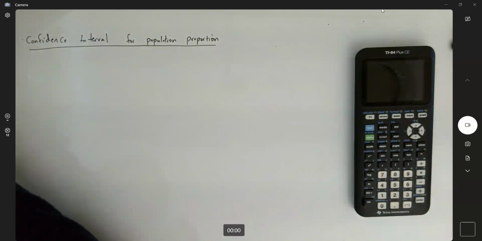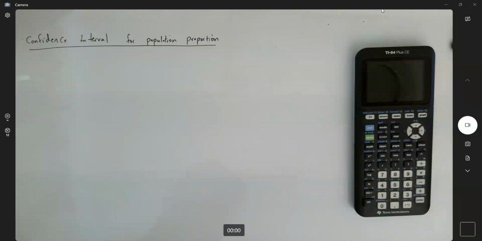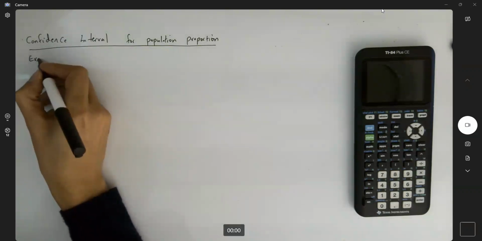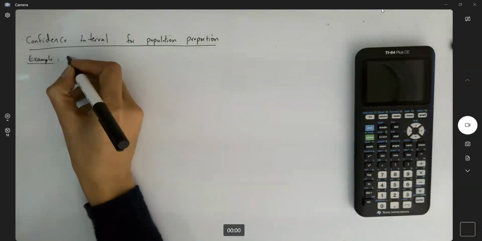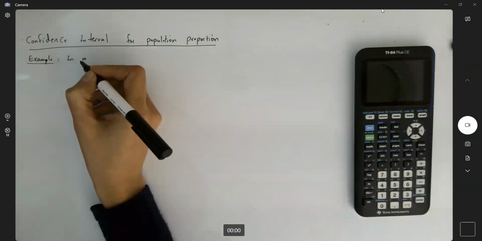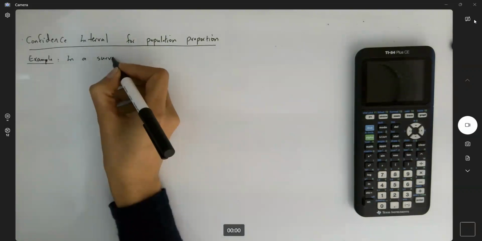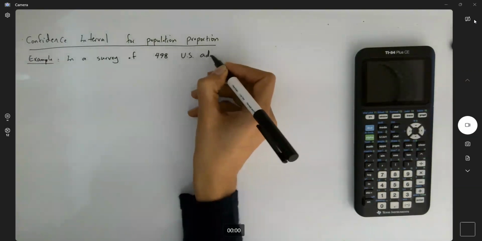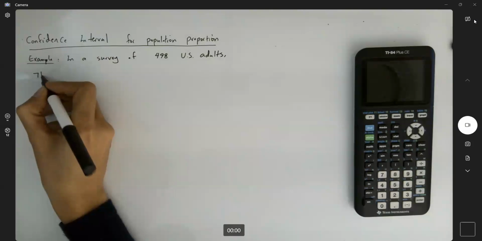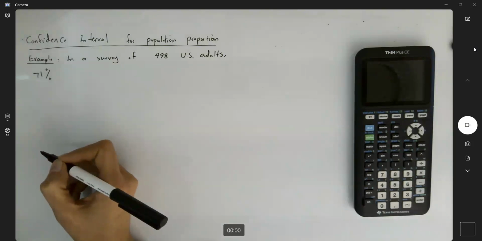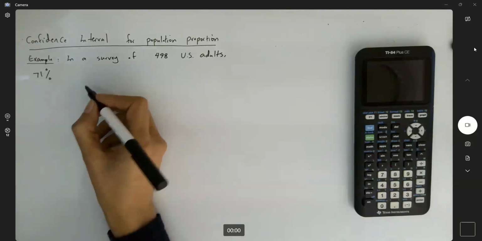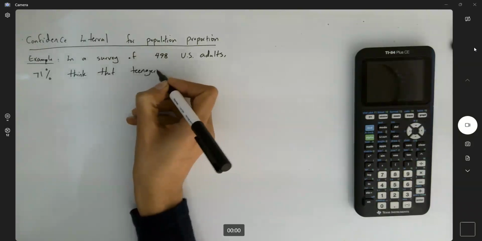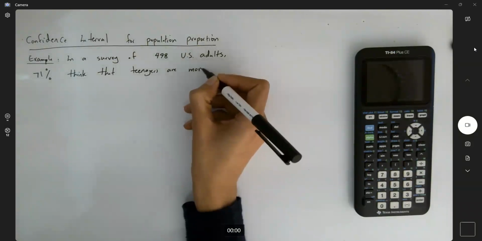The example says we had a survey. In a survey of 498 US adults, 71% think that teenagers are more dangerous drivers.